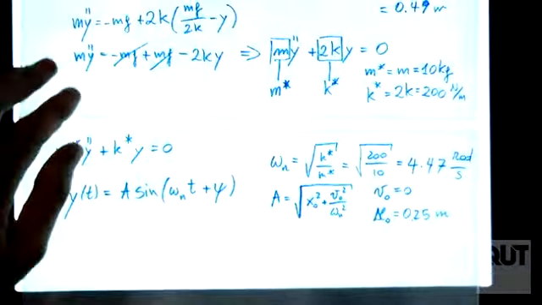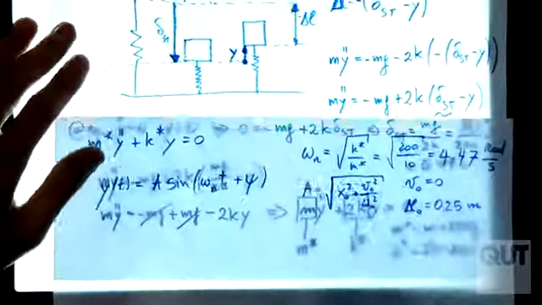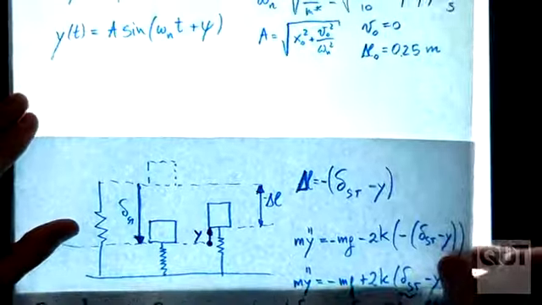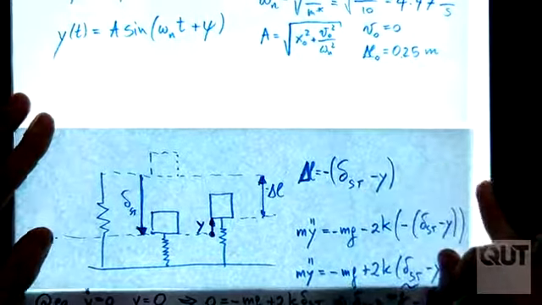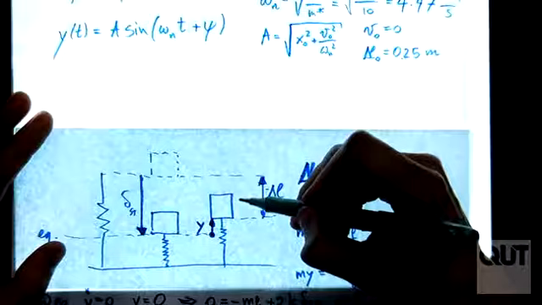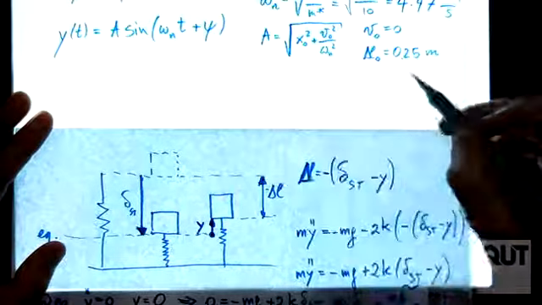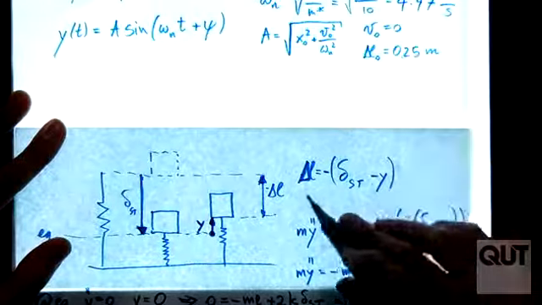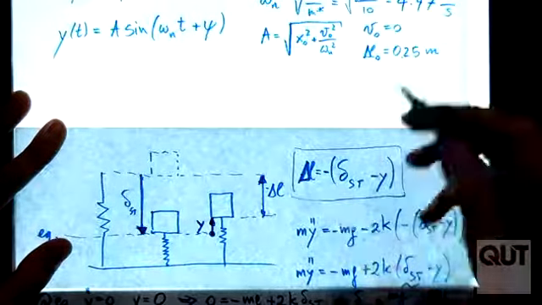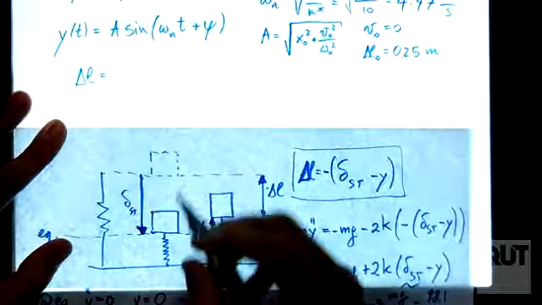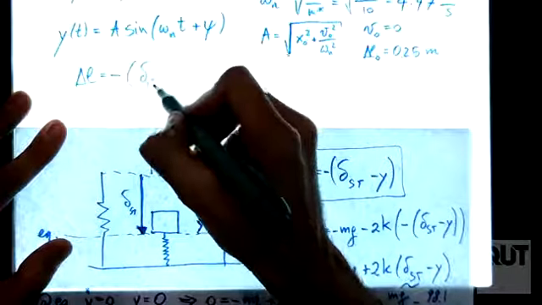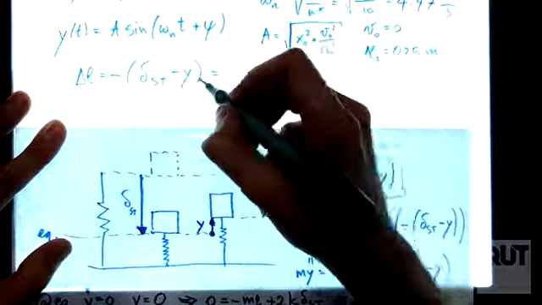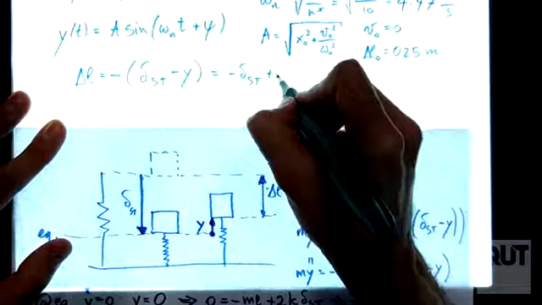Now let's go back to our drawing here. So delta L0 means that at the beginning, delta L was 0.25 meters, correct? We have this formula that we found at the beginning, that delta L is equal to minus delta static minus y, or which is equal to minus delta static plus y.